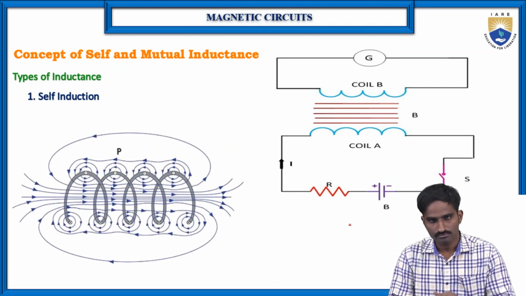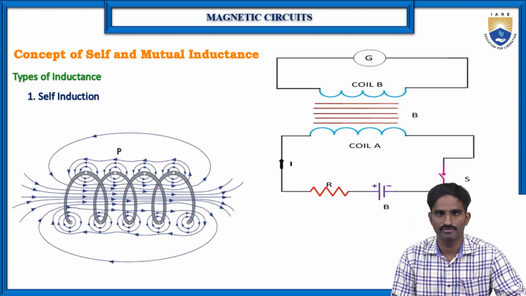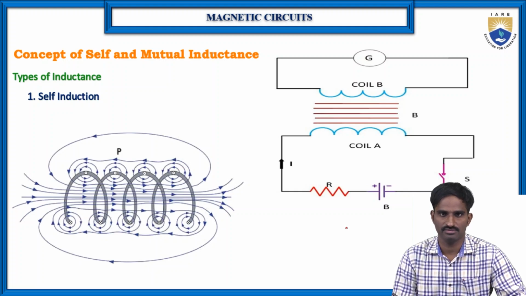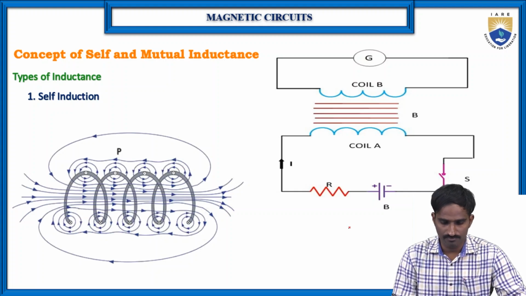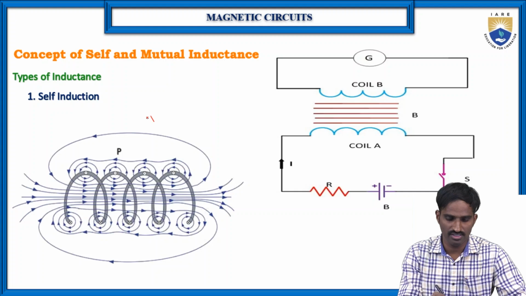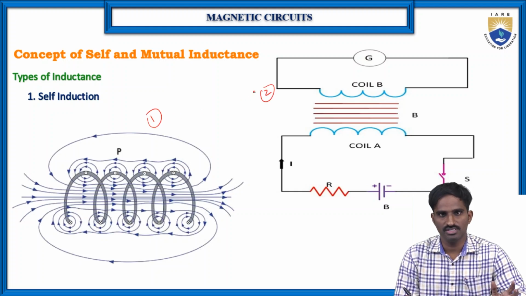Then coming to the concept of self and mutual inductance, there are two pictures, the left side and the right side, let me consider them as 1 and 2. The name itself says self-induction.